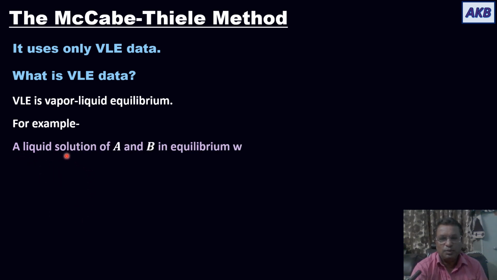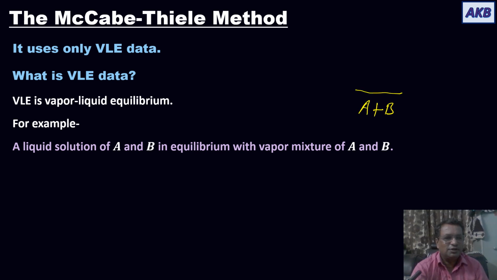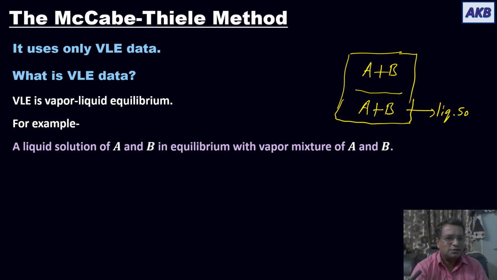We are going to consider a liquid solution that is containing two components in it, component A and B, and this liquid solution is in equilibrium with a vapor mixture of the same two components A and B. So you have a liquid solution of A and B in equilibrium with a vapor mixture of A and B. Again, the same two components are involved in the system.